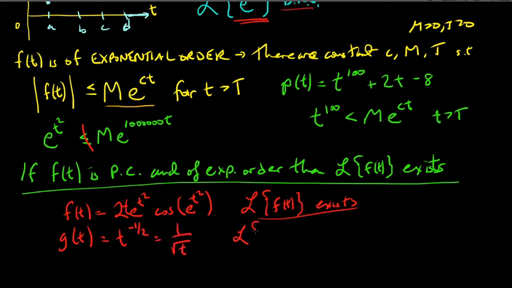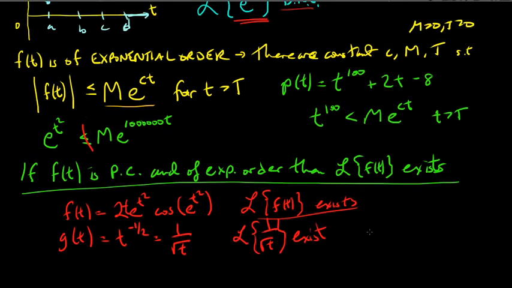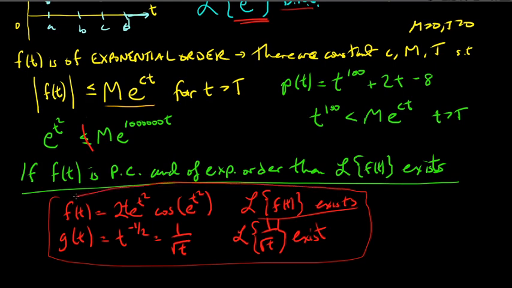That Laplace transform does exist. So even though it doesn't exist for 1 over t, it does exist for 1 over the square root of t. But again, these are ones that are not going to come up. That's why they're in red. So if you can't read these, don't worry about it. I'm not really saying anything important here.